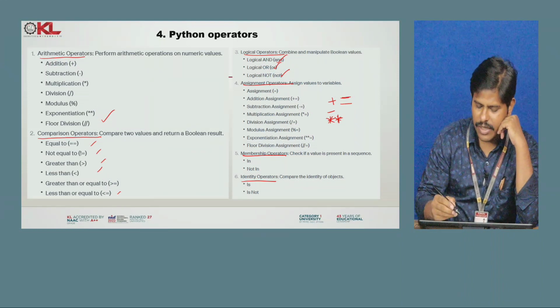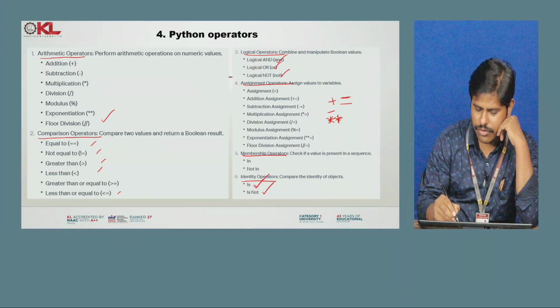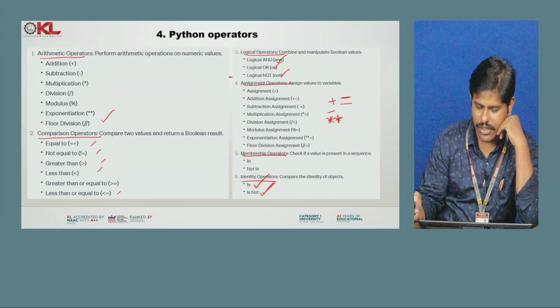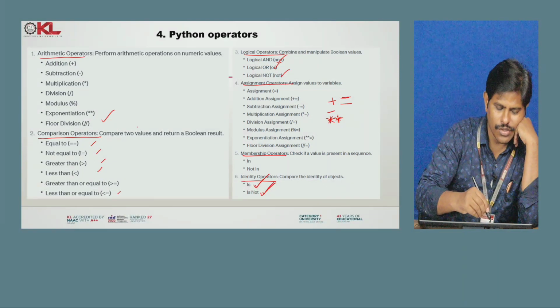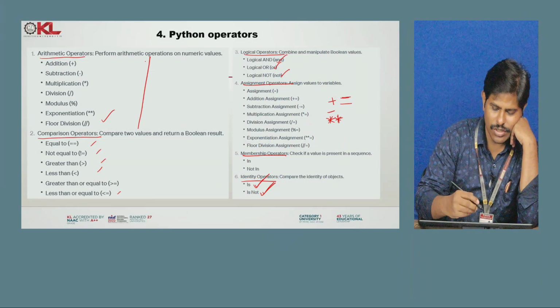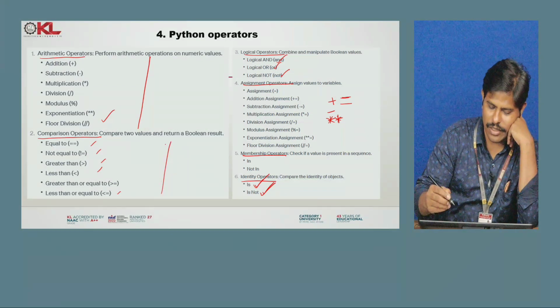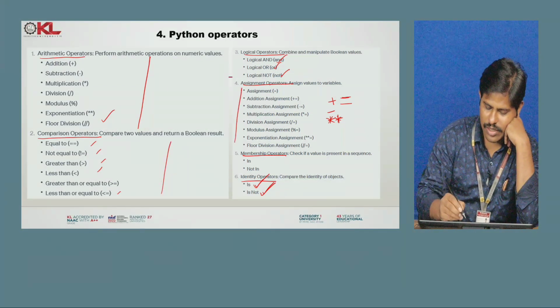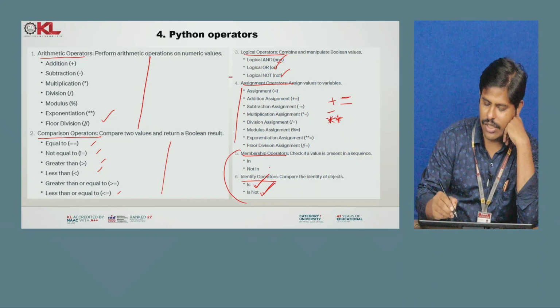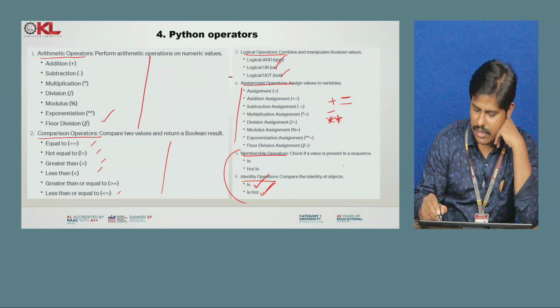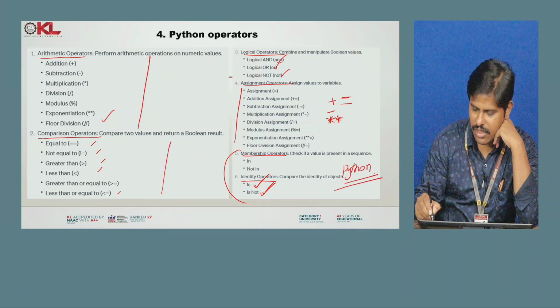So these operators, is and is not, are used as identity operators. In many programming languages you have arithmetic, comparison, and assignment operators. The membership operators and identity operators are basically specific to advanced programming languages such as Python.